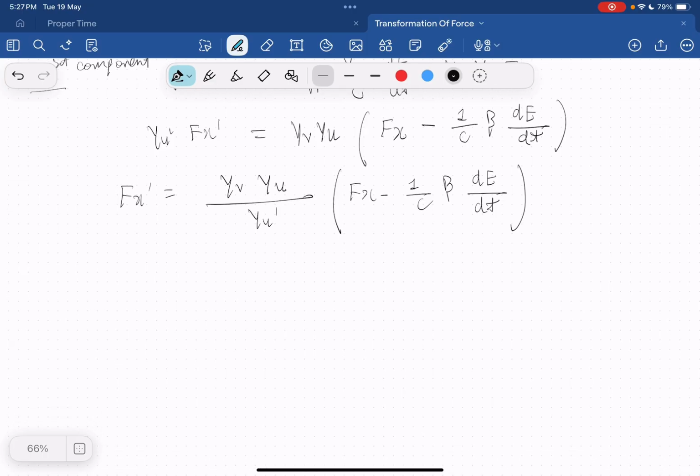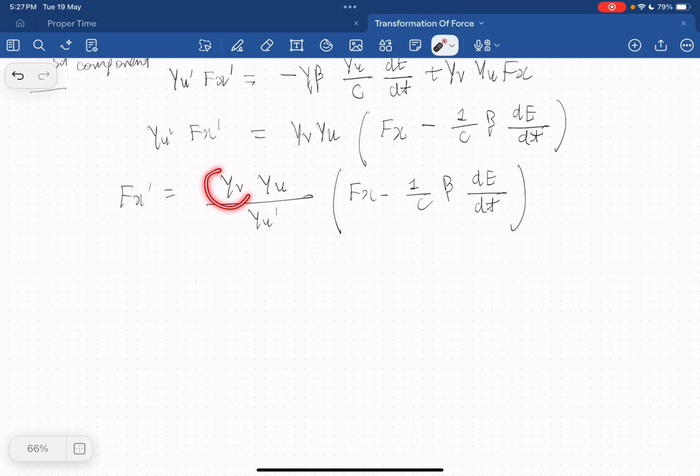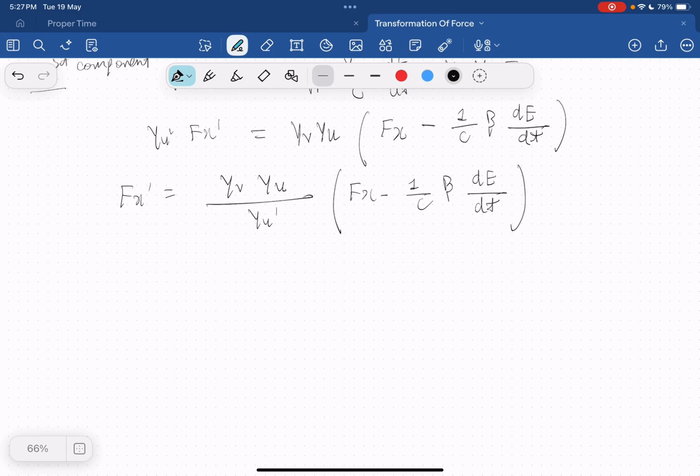Okay, now gamma v we know what it is, and gamma u by gamma u prime can be reduced to something else because we know the relation of the proper time. So the proper time differential can be written as, in S frame the coordinate time differential is dt and gamma for the particle is gamma u. In S prime frame the coordinate time differential is dt prime and gamma for the particle is gamma u prime.